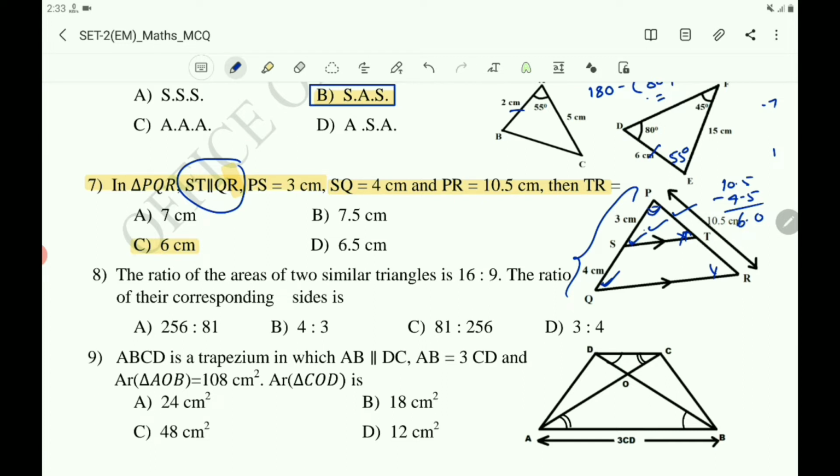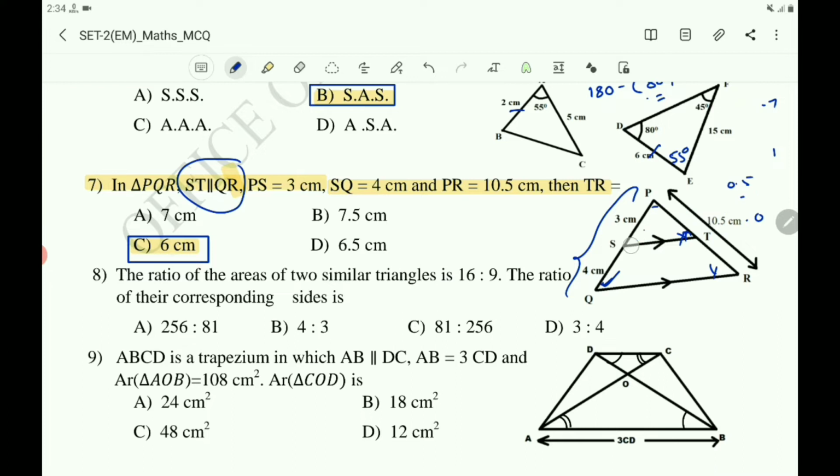Then you use the property that the ratios of the corresponding sides of similar triangles are equal. You got the answer, option C.